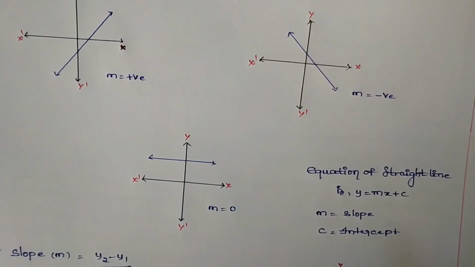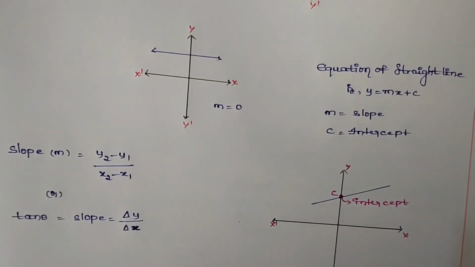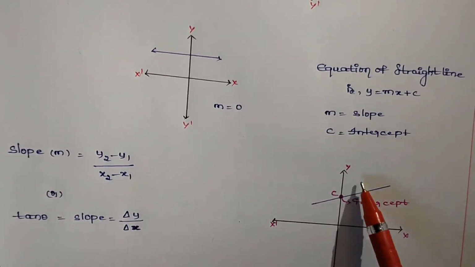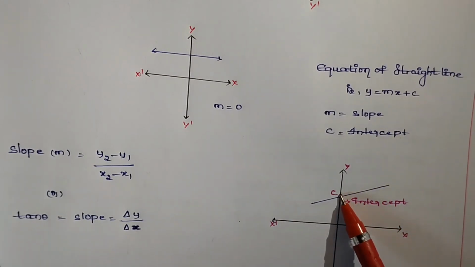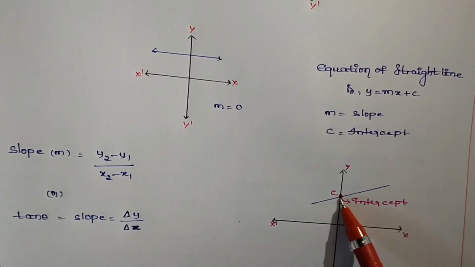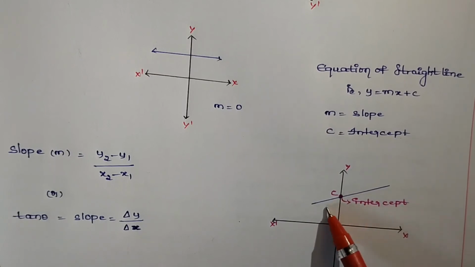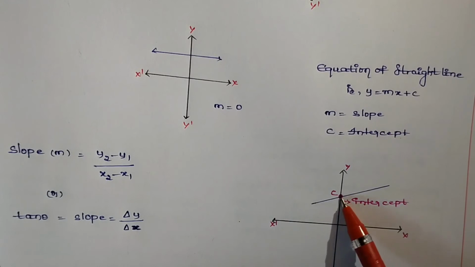And intercept means the point at which the line crosses either the x-axis or the y-axis. Here it is crossing the y-axis, at this particular point.